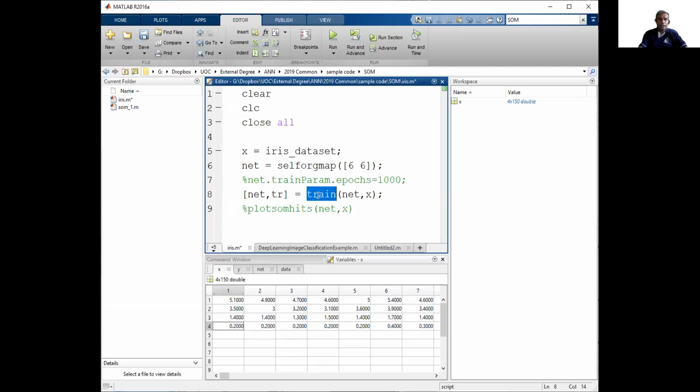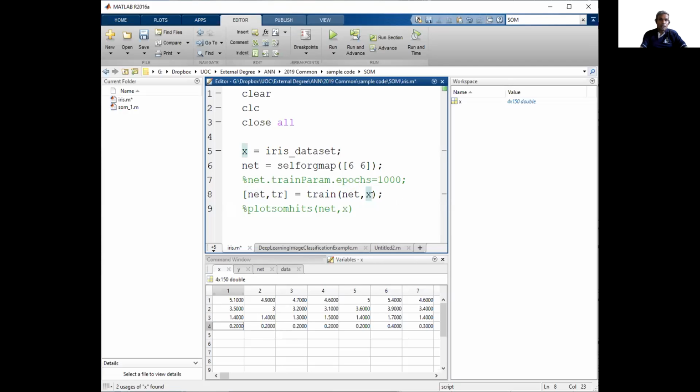Then we'll use the train command. Now, if you look carefully, this train command has only two input parameters. In the neural network train command, you have the network name. So net is my network name. And you had the input, and then after that, you put a comma and you input the targets.